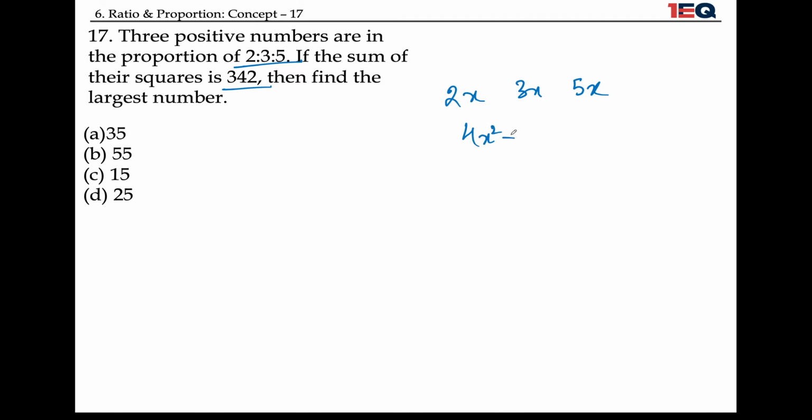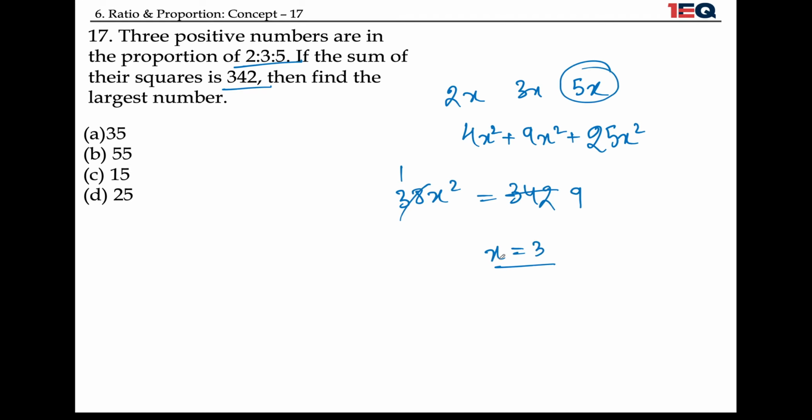I'll call it 4x square plus 9x square plus 25x square. 25 plus 4 is 29, plus 9 is again 38x square, equal to 342. 38 ones are 38, 38 nines are 342. So the value of x is nothing but 3. The largest number would be equal to 5x, and 5 multiplied by 3 gives me the value 15. We are again good to go.